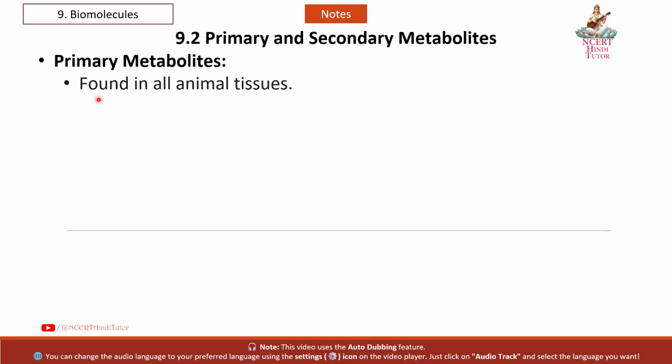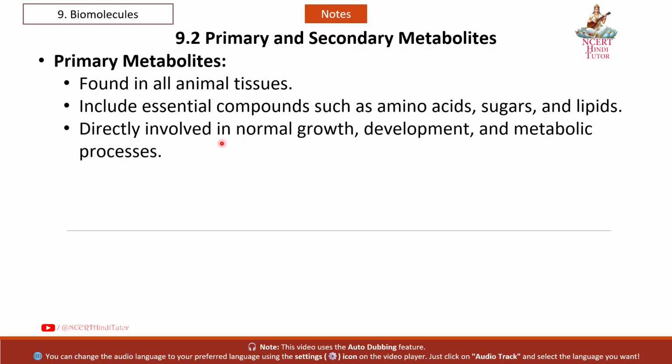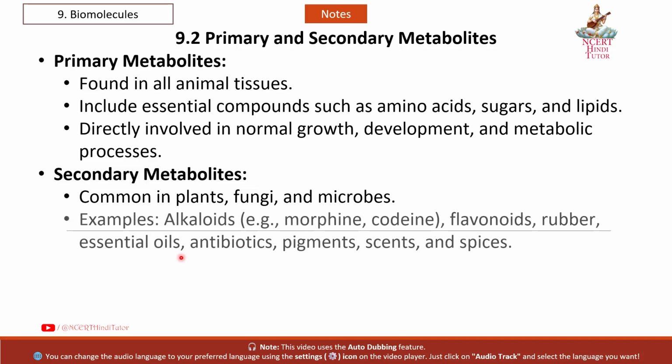9.2 Primary and secondary metabolites. Primary metabolites, found in all animal tissues, include essential compounds such as amino acids, sugars, and lipids, directly involved in normal growth, development, and metabolic processes. Secondary metabolites, common in plants, fungi, and microbes.